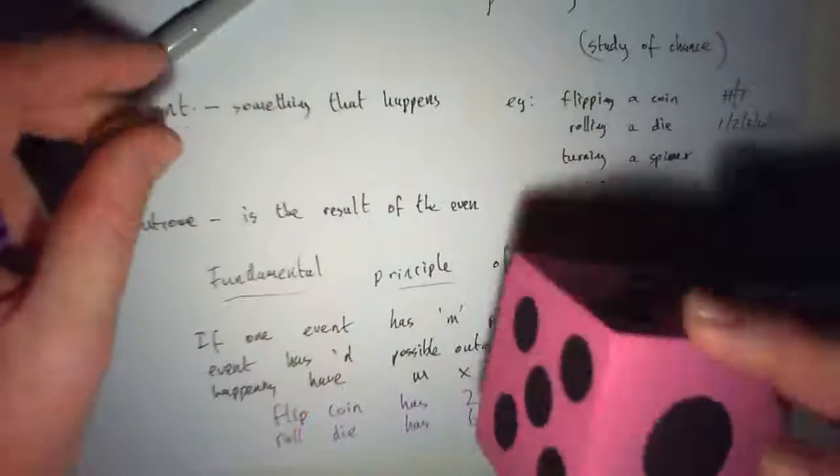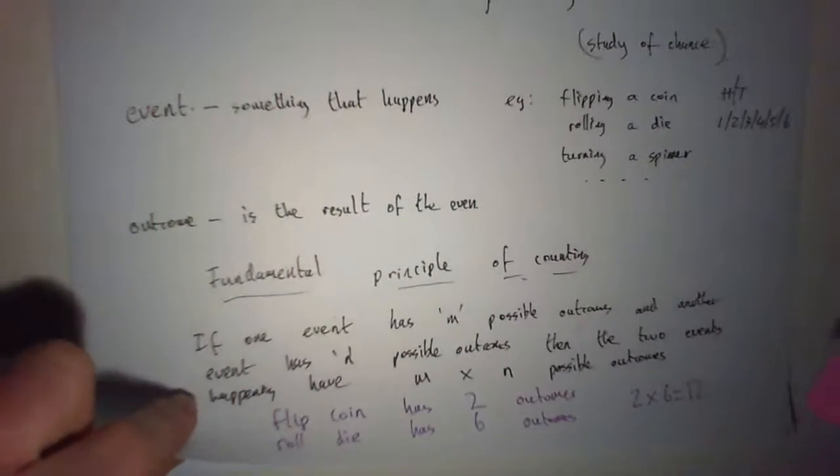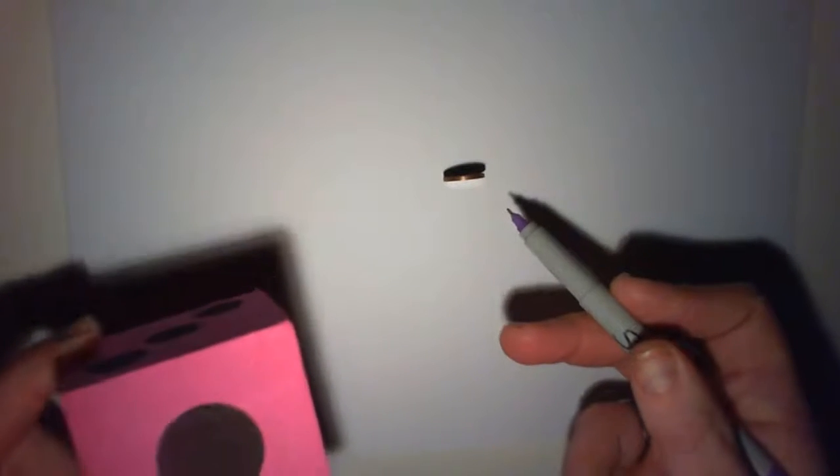Now, what does that mean? Well, let's just see what that means. So, what's the chance of me throwing a die? That one needs to go on Instagram. Okay, I flipped a coin and it landed on its edge. Right, so you flip a coin. Okay, it's a tails. Okay, and you roll a dice and it's a 4.